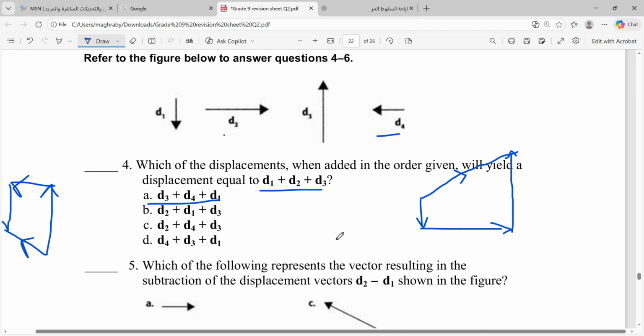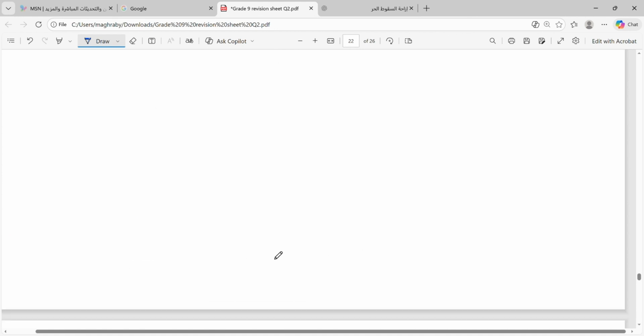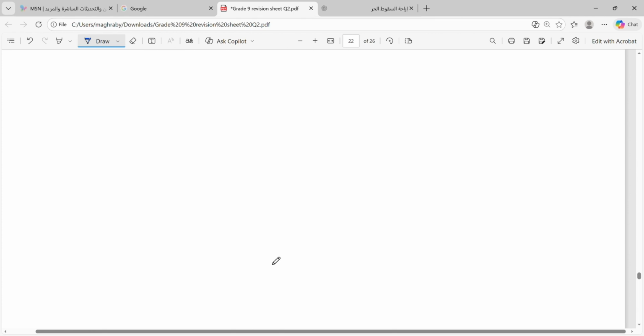Each thing is wrong. So B, let's try to get B. He said D2. This is D2. D2 plus D1. Again, D2. It lagged. I don't know why it's lagging.